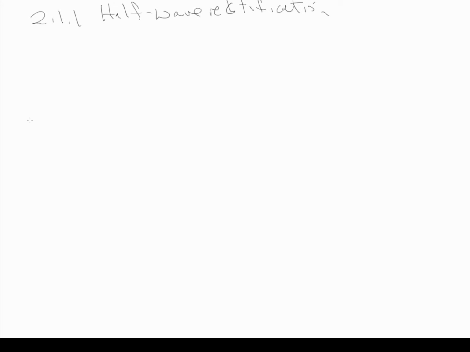And again, we're using the piecewise linear model of a p-n junction diode, and we're assuming the RF for that diode is equal to 0.